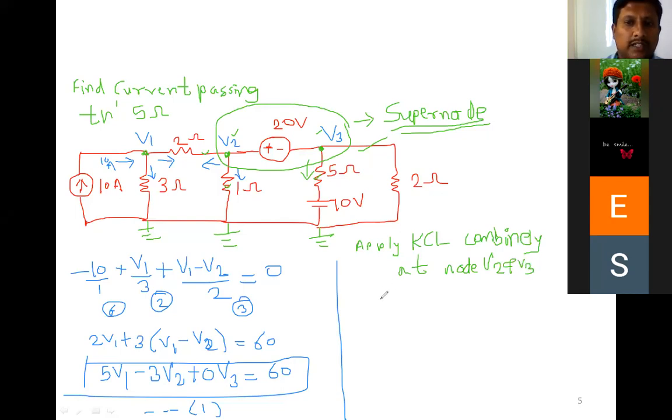So you have to leave the supernode part and apply the KCL except for it. Now how to remove the supernode part and how to apply KCL combinedly, that I will tell.